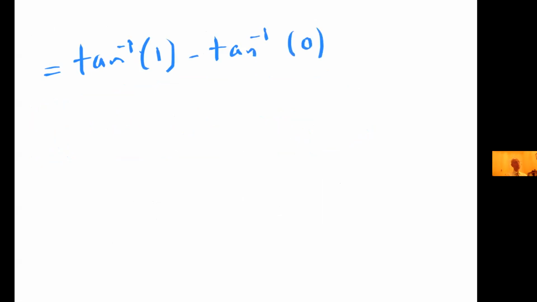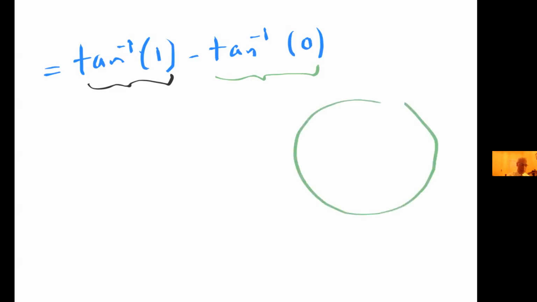Okay. Remember that tangent inverse of 1 means I'm looking for an angle whose tangent is 1. And tangent inverse of 0 means I'm looking for a theta, or in this case t, for an angle whose tangent is 0. And remember, the restriction for tangent inverse was from negative pi over 2, not included, all the way to positive pi over 2.